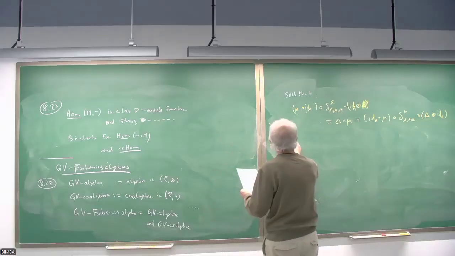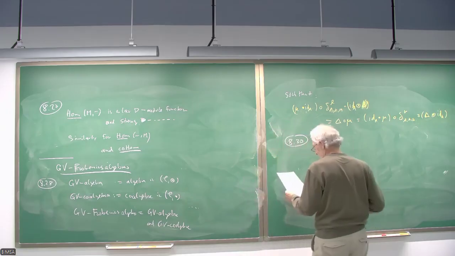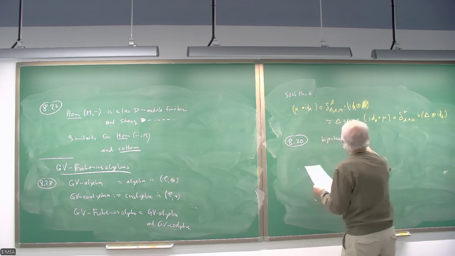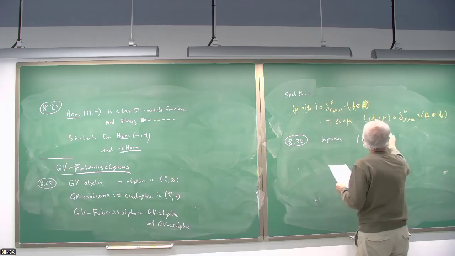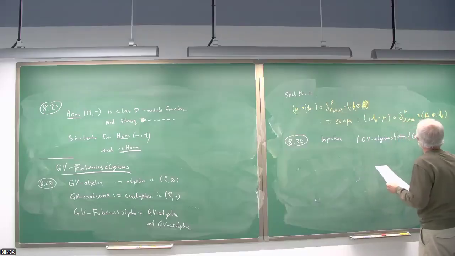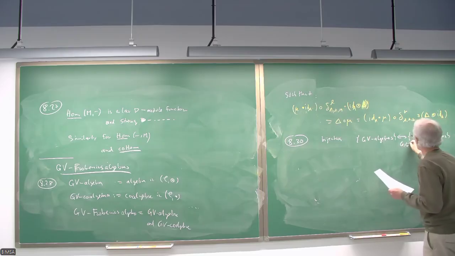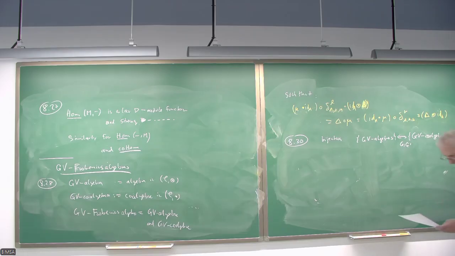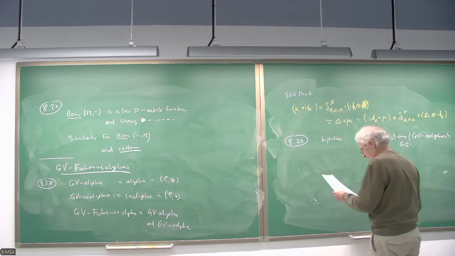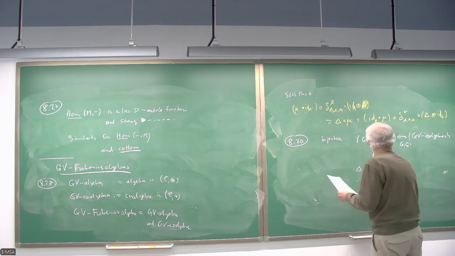But what you still have, at first, is the following lemma. There's a bijection between GV algebras and GV co-algebras. And this goes just by the functoriality of G and its inverse. The idea is, if you have an algebra, then we define a co-product as follows.